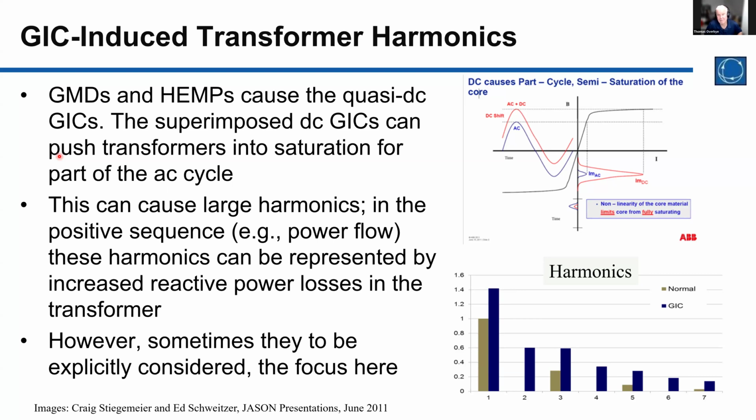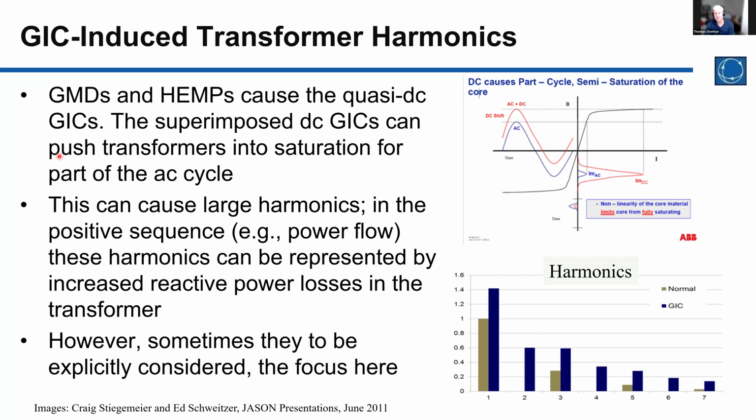The slide on the top says, how does a GIC, which is essentially a DC current, induce harmonics? What happens is the DC current superimposes on the AC current, so it shifts the AC current. As the AC current is shifted, going through the IH curve or IB curve, for part of the cycle you're pushing your system into saturation.